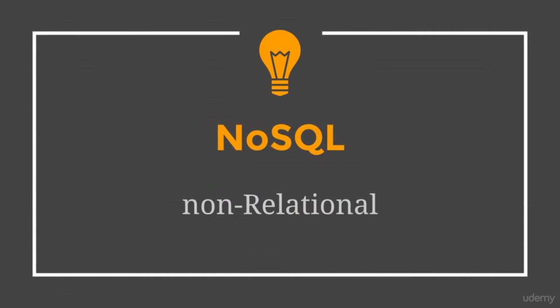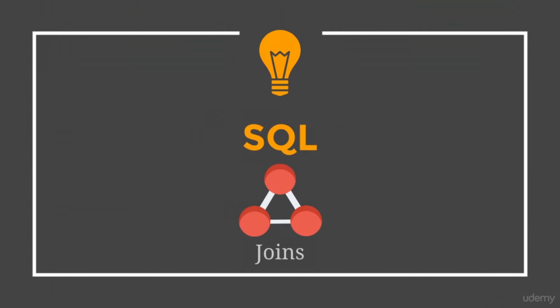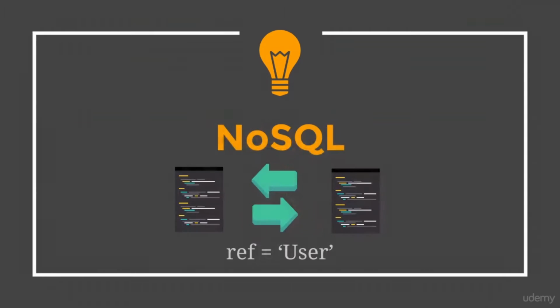Number two, it is a NoSQL or non-relational database. The main difference when compared to a SQL database is you're not able to use joins to connect your database tables. Instead, however, we can use references to link between our various documents.